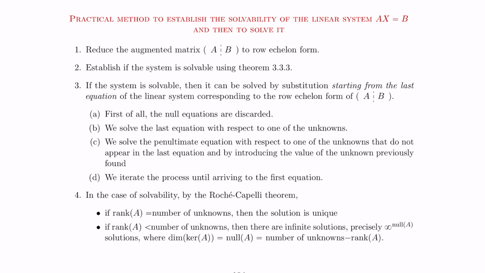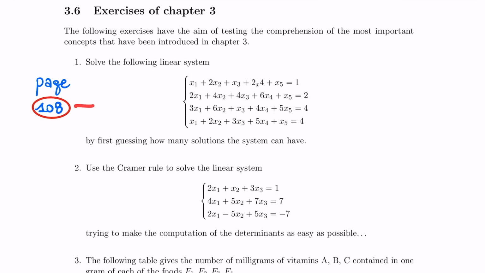Let's finish this lesson by applying this procedure to one of the exercises that I proposed at the end of this chapter. We are at page 108, and the exercise asks us to solve the following linear system by first guessing how many solutions the system can have.